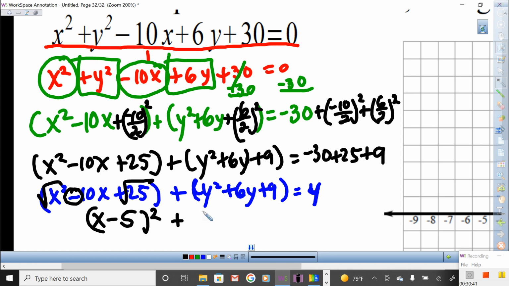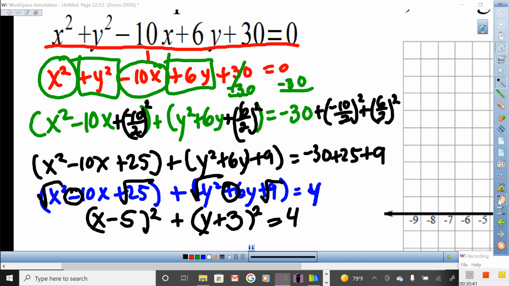Plus, how would I factor this one? Square root of the first, square root of the last, sign of the middle, squared, and that is equal to 4, and this is our standard form. Let's go, let's go. What a beauty, right?